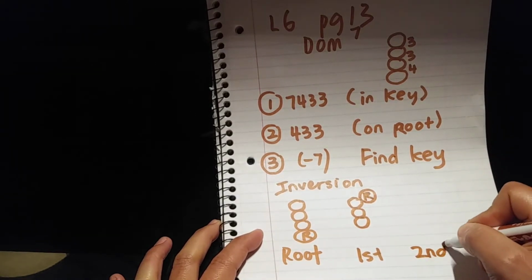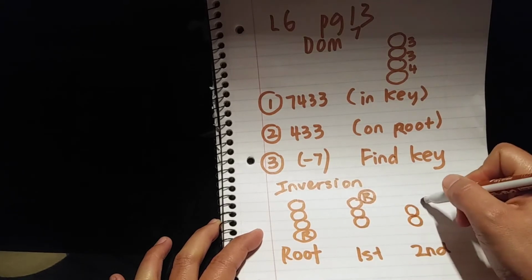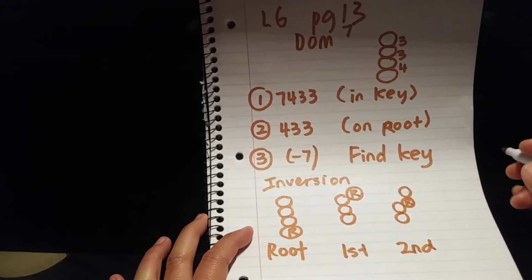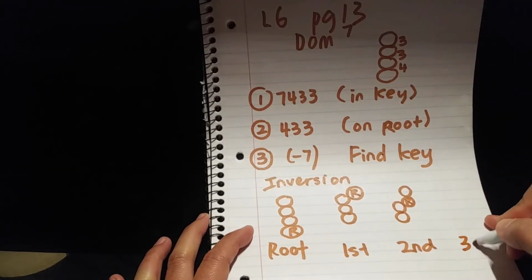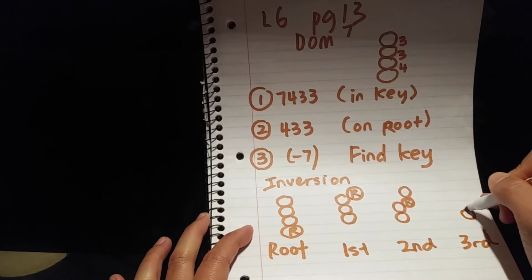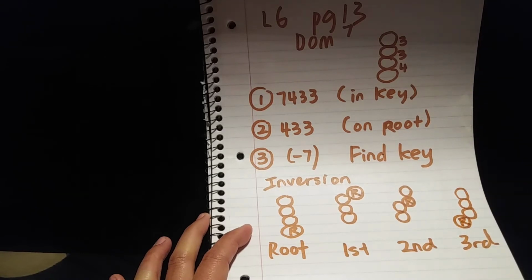Second inversion means you move up again, so you will see 2 notes over here and 2 over here, and this is your root. This is your third inversion: 3 notes here and 1 note at the side.